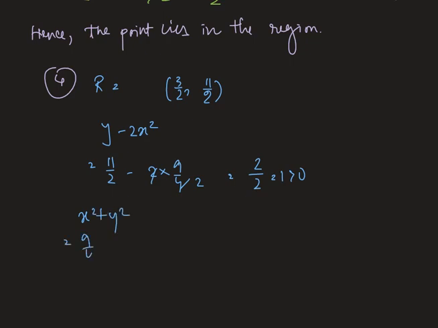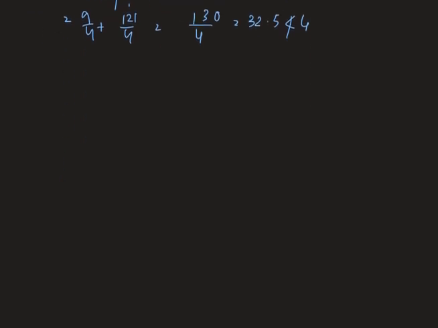That means 9/4 plus 121/4, that means 130/4, which is equal to 32.5, and it is not less than 4. So it doesn't satisfy the second condition. Hence it is a wrong point.